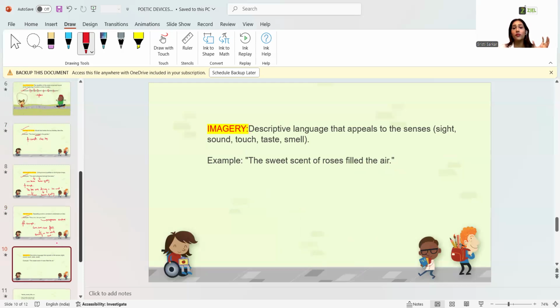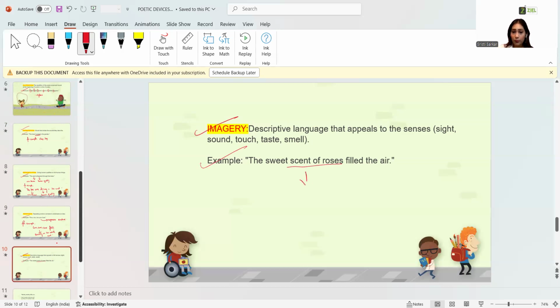Now, last but not the least, imagery. What is imagery? Descriptive language that appeals to the senses. Our five senses: sight, sound, touch, taste, and smell. Anything that appeals to these five senses that the poet uses to express his idea and the image around him, the background or the setting of the poetry, is known as imagery. For example, the sweet scent of roses fills the air.